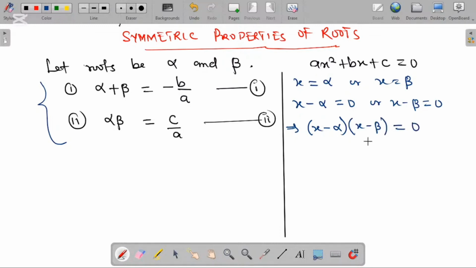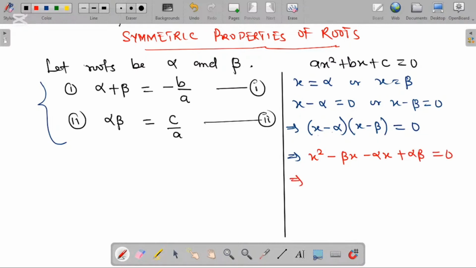And so from here, if we now open this bracket, we are going to have x times x will give us x squared, x times minus beta will give us minus beta x, minus alpha times x will give us minus alpha x, minus alpha times minus beta will give us plus alpha beta, and that is equal to 0.